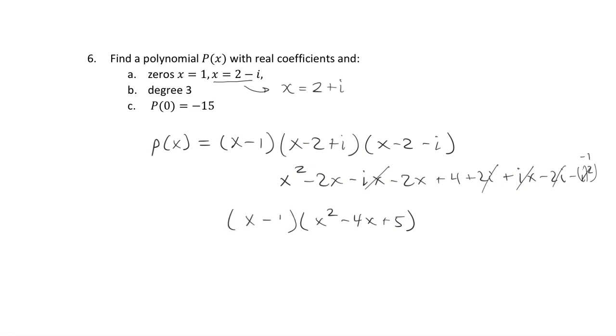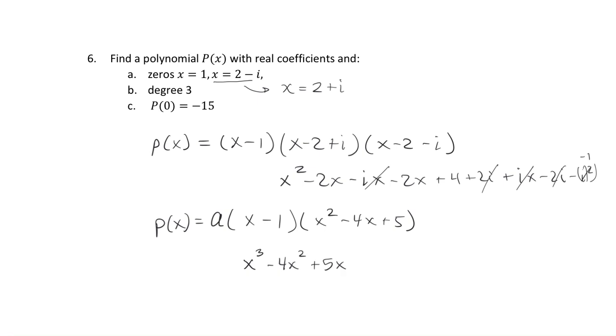And then we have this x minus 1. So right now, p of x looks like that, and there could be a coefficient in front. That's where part C is going to come into play. So I'm going to put a as some unknown coefficient. I'm going to multiply these two together by first distributing that x. So that's going to give x cubed minus 4x squared plus 5x.